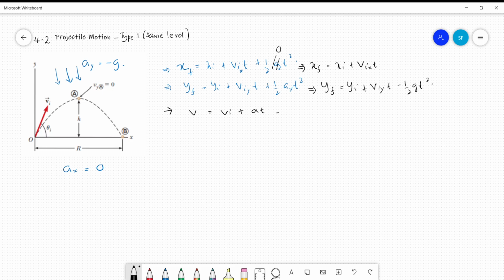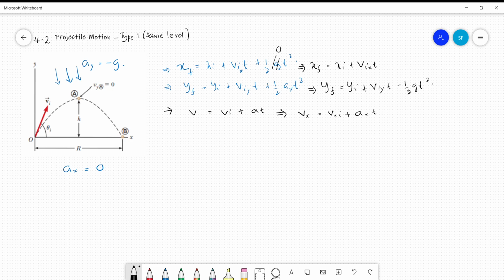In projectile motion, or in 2D motion, because projectile motion is also one type of two-dimensional motion, along the x component it will become vx equals vxi plus ax t.